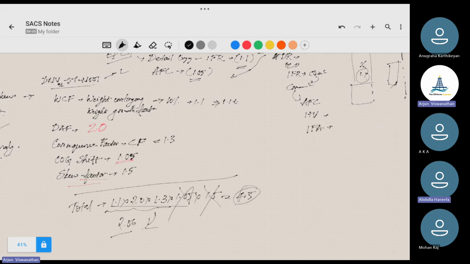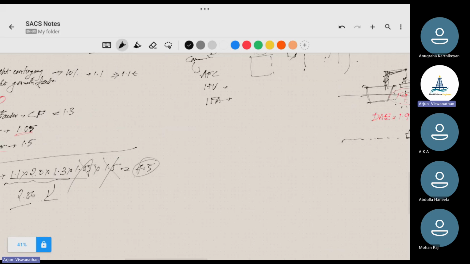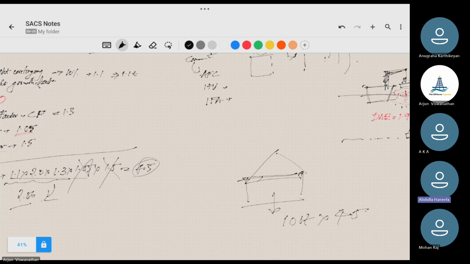When we do the lifting analysis, say this is our cargo and this is my sling. If the actual weight was 100 ton, I will multiply it by 4.5 times and then do the lifting analysis. That means I'm going for a very conservative stage, and I will make sure my structure doesn't fail. That is the concept behind it.